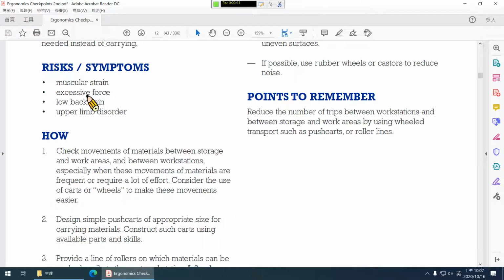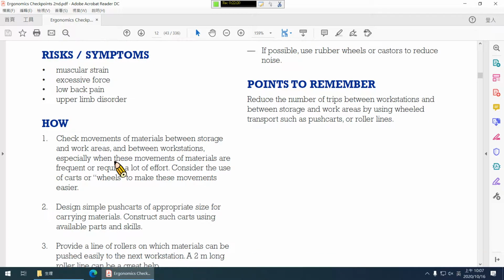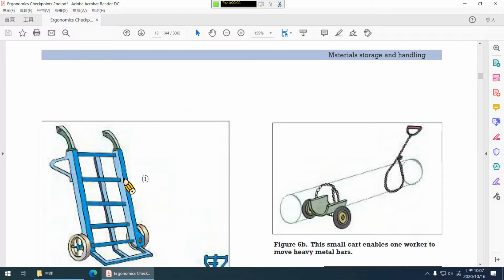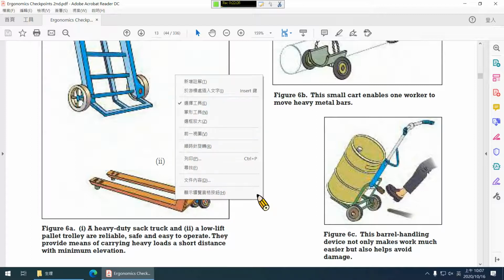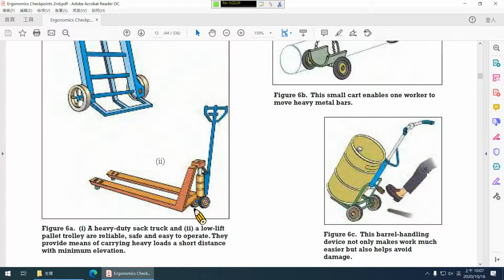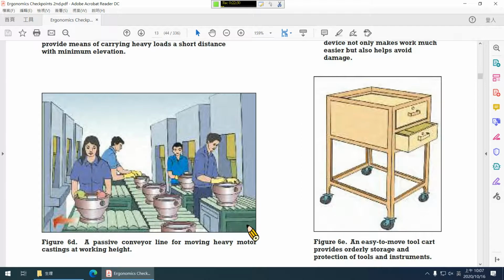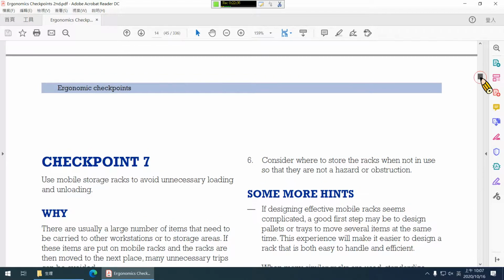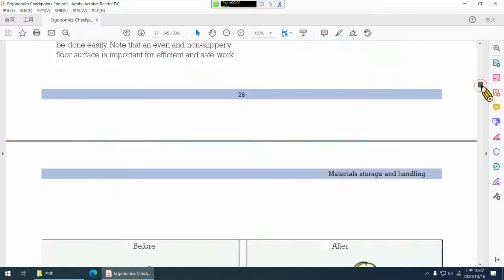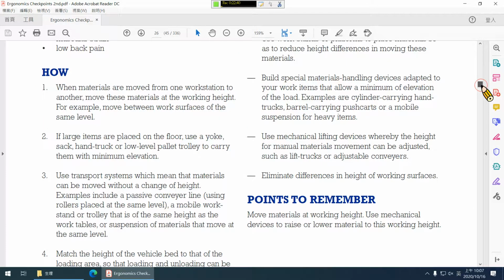These will occur repetitively in this book. And it shows you some of the tools that you can use here. Okay, that's about the materials. Let's look at other examples.